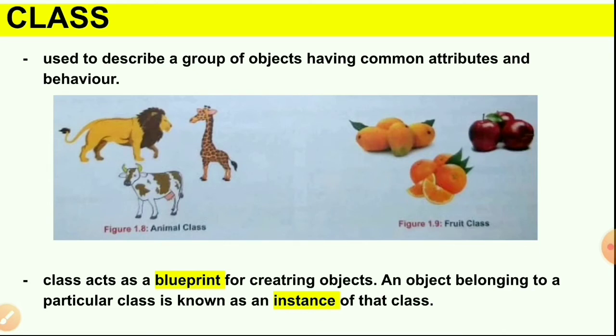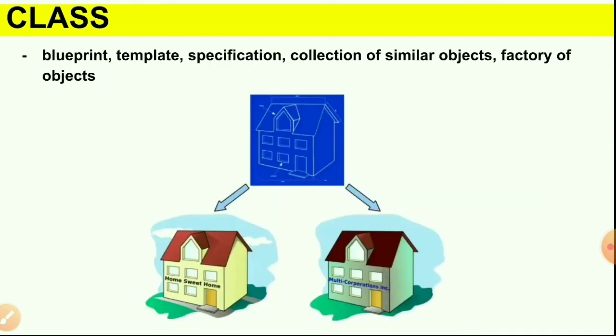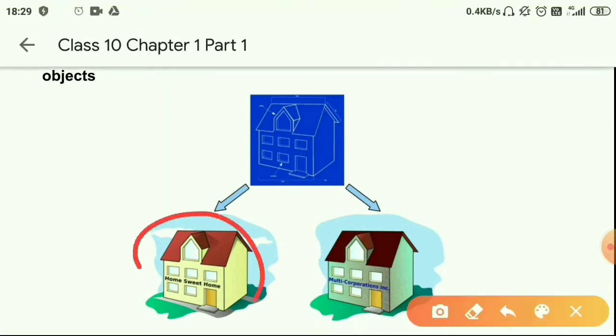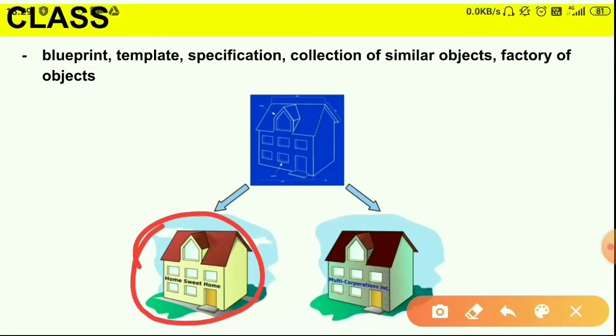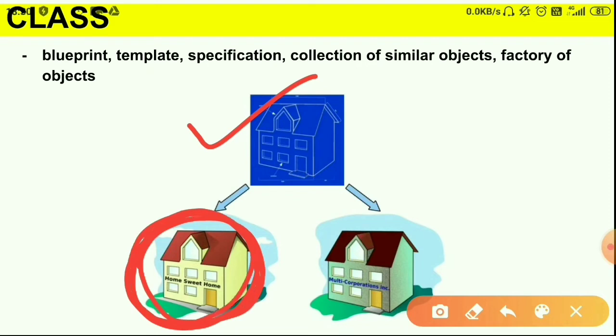And when you create an object of a particular class, that is known as an instance, okay? This house is an instance of the house class, okay? So this home is labeled as home sweet home. So home sweet home is an instance of the house class. This is labeled as multi-corporations.